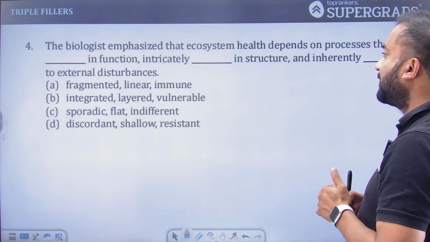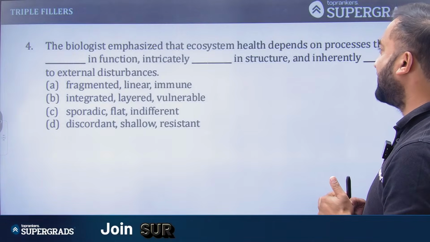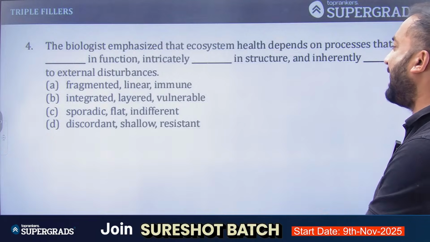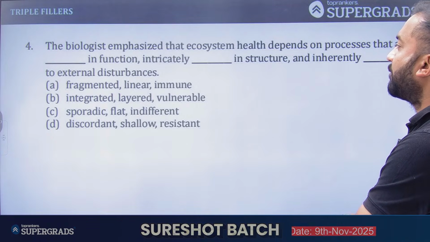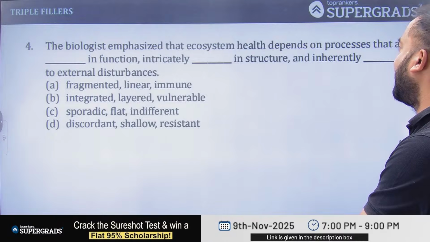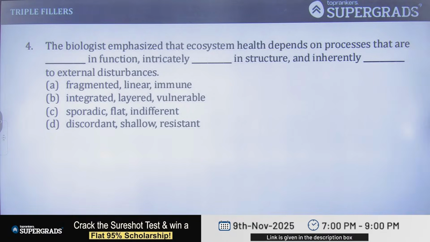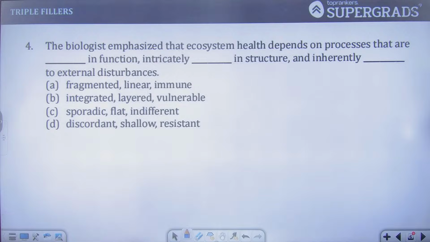The biologist emphasized that ecosystem health depends on processes that are dash in function, intricately dash in structure, and inherently dash to external disturbances. What do you think should be the correct option in question number 4?